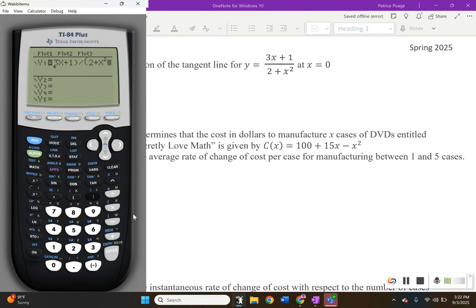Because you have to have your entire numerator in parentheses divided by your entire denominator in parentheses. If you have a newer calculator, you can do alpha y equals and choose number 1, which is numerator over denominator, and type in 3x plus 1 over 2 plus x squared.